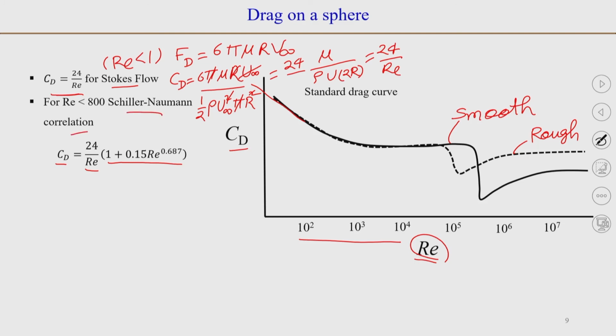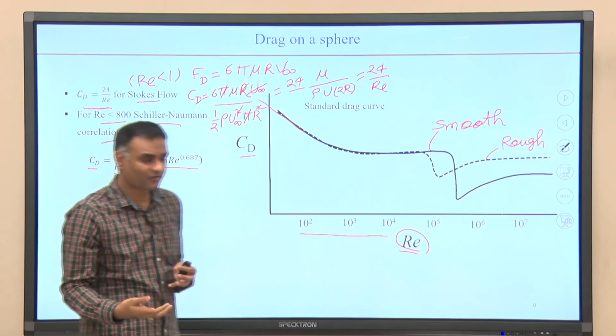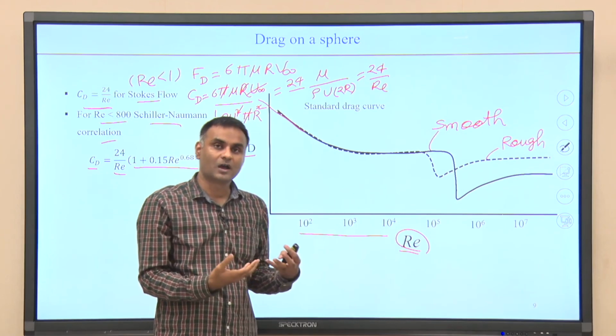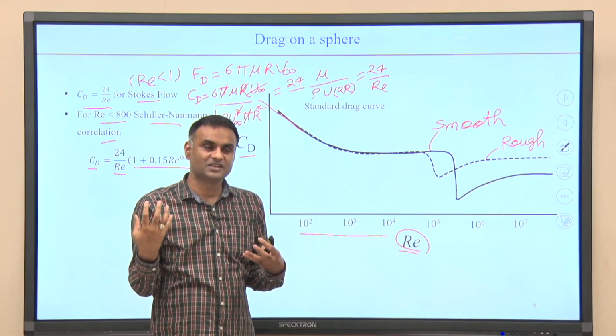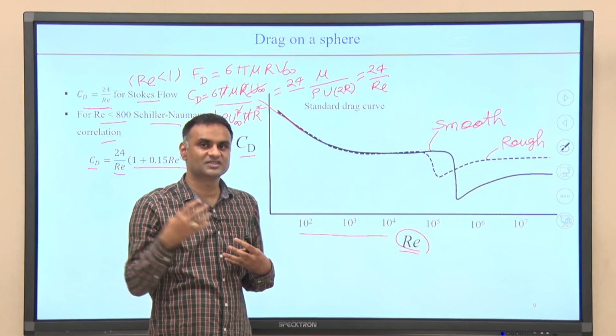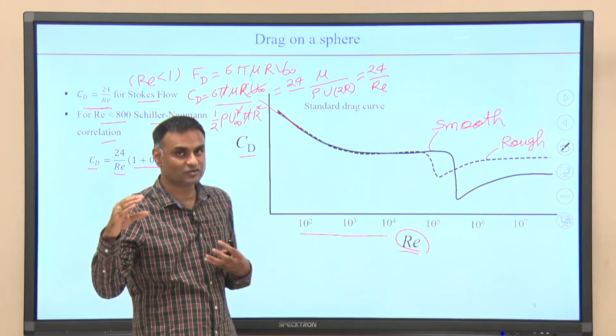So, this is one of the correlations which is pretty good for Reynolds number less than 800. There are a number of correlations available for C d versus R E, because in such cases boundary layer flow separation happens.